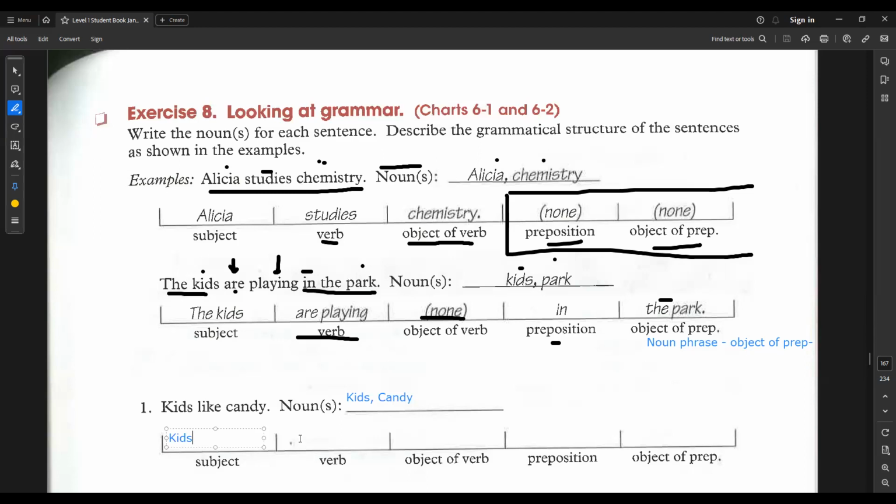What's the verb? Like. And then do we have object of verb? What's the object of the verb? Candy. Object of the verb is candy? You sure? Okay, yeah. Very good. Very good.